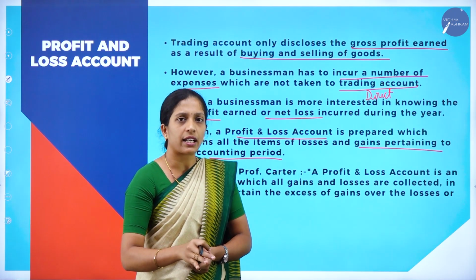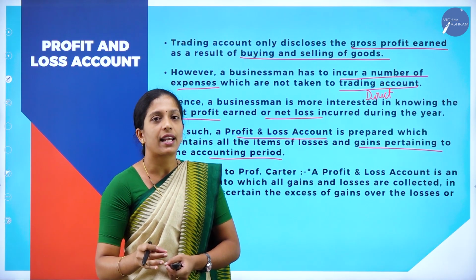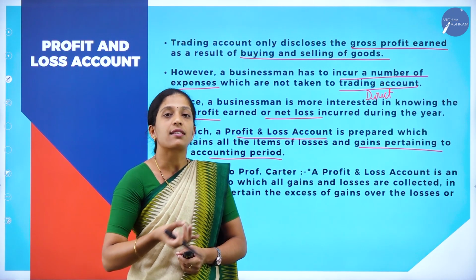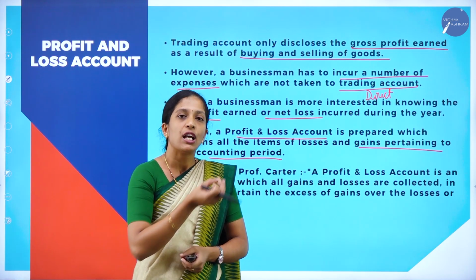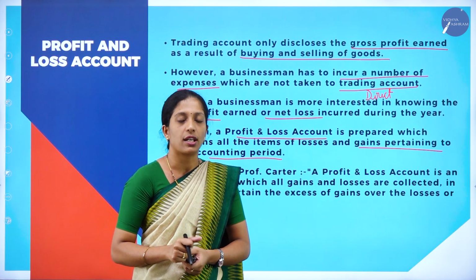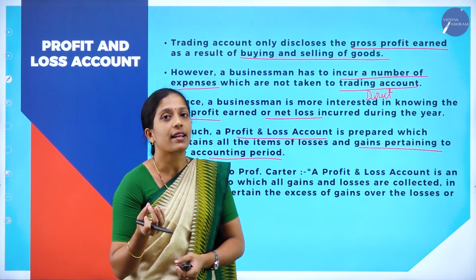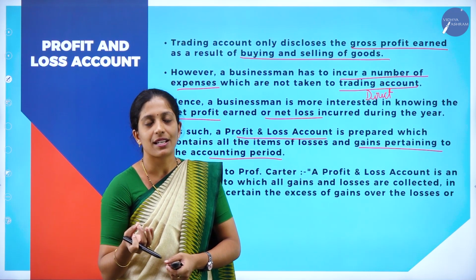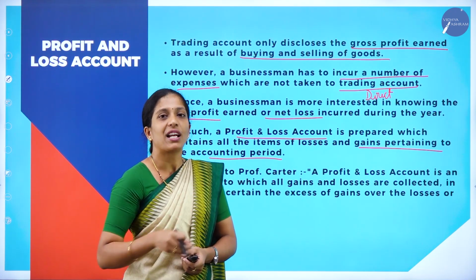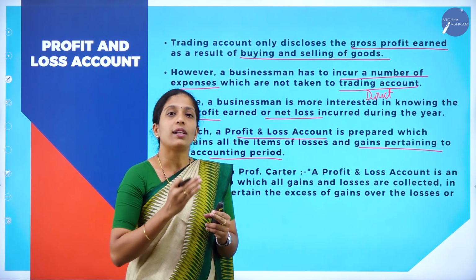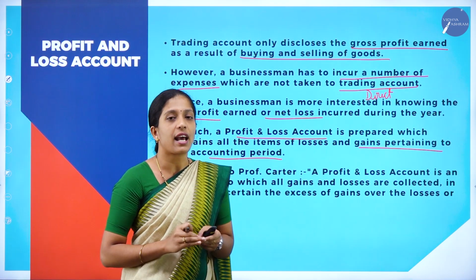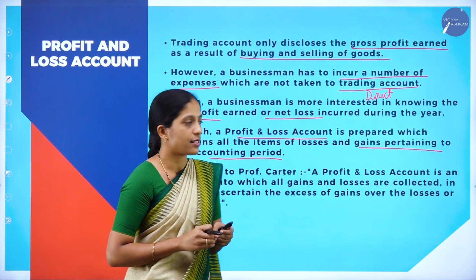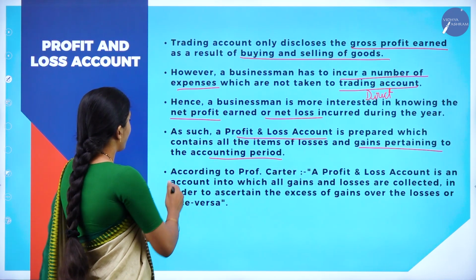But other than direct expenses, there are expenses like office and administration expenses, selling and distribution expenses. Those are not taken into consideration, so we do not get the net profit or net loss of the business. For that reason, we prepare profit and loss account where all the indirect expenses and indirect incomes are taken into consideration.